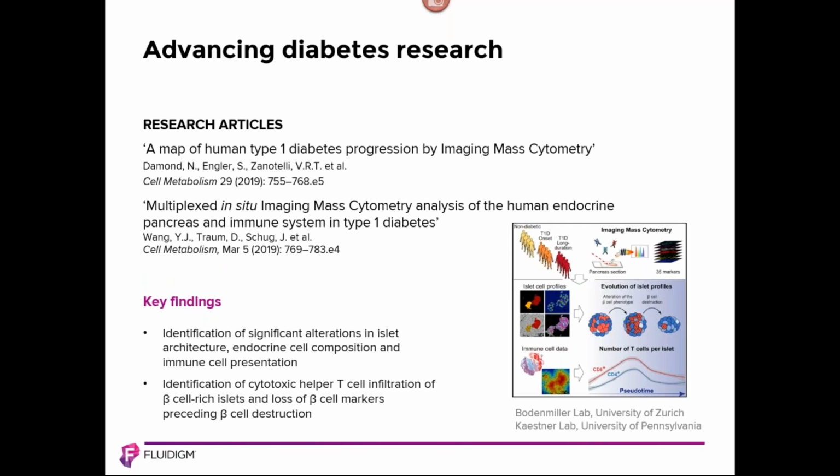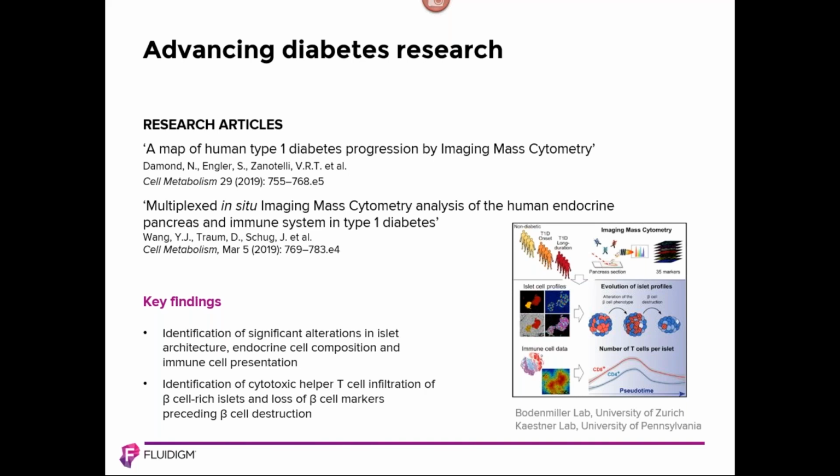Imaging mass cytometry is also used for investigation of tissues other than tumors. The papers listed on this slide, one from Bernd Bodenmiller's lab at the University of Zurich and the other from Klaus Kessner's lab at the University of Pennsylvania, studied the pancreas and disease progression in type 1 diabetes.